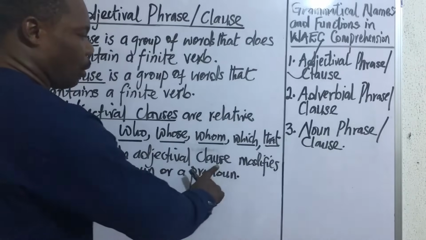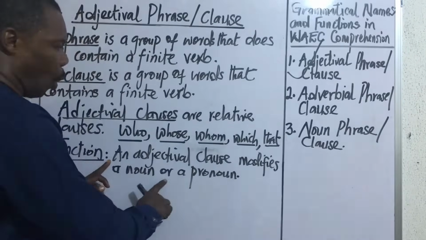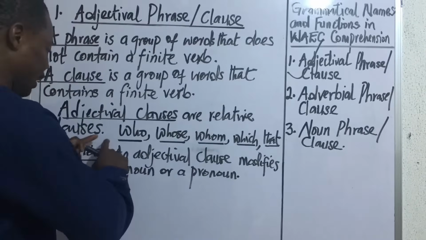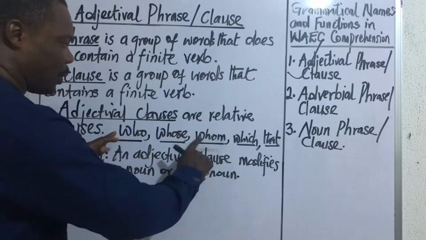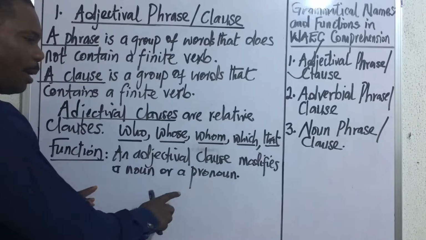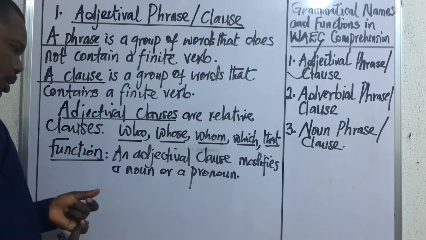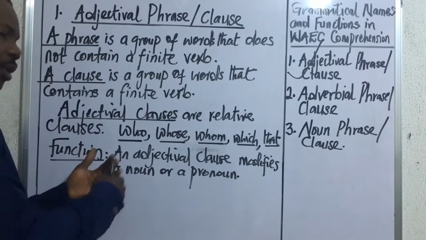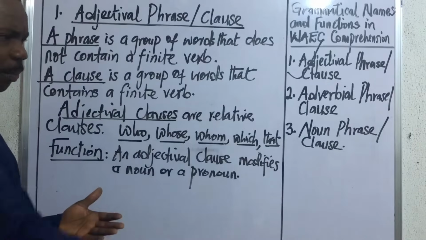An adjectival clause modifies a noun or a pronoun. An adjectival clause itself is called a dependent clause. Remember, a sentence is in the form of a main clause plus a subordinate clause.